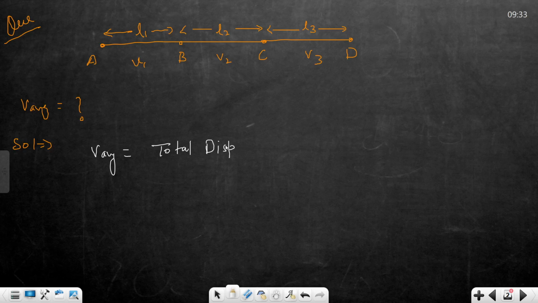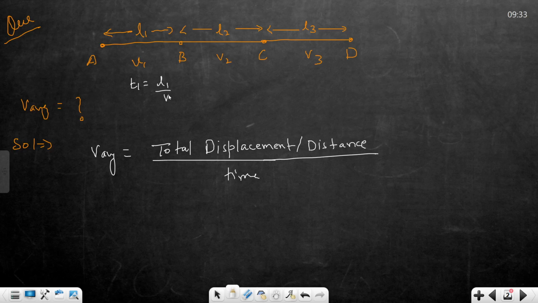But if the object is going in the same direction, distance and displacement will be equal, because in single direction motion both will be the same, upon the total time. So how much time will they take? T1 will be L1 by V1, T2 will be L2 by V2, T3 will be L3 by V3.